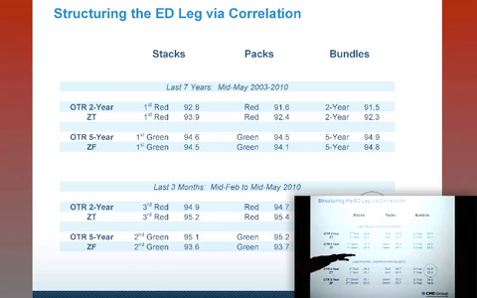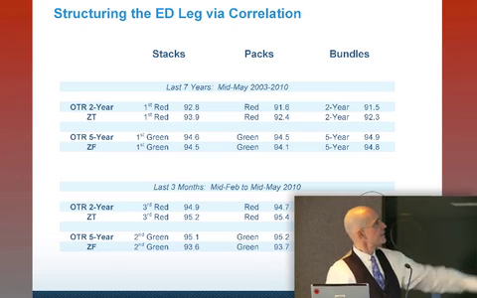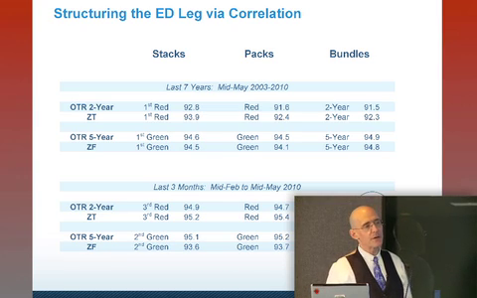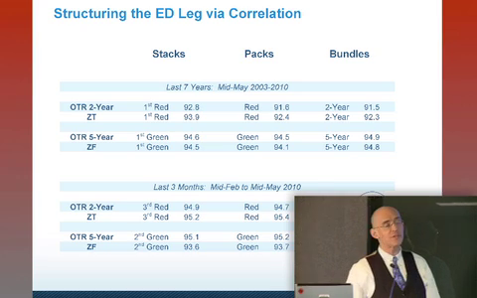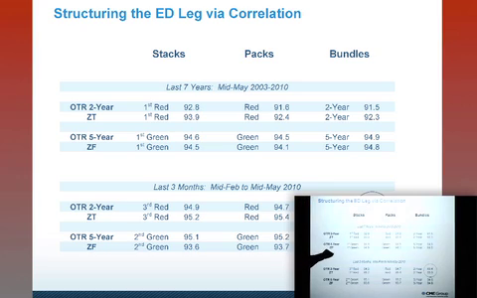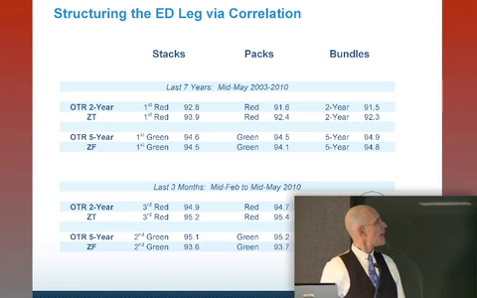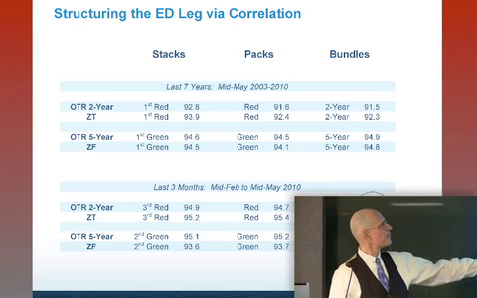This simply captures what you just saw. Over the last 7 years, the first red euro-dollar future is what correlates most tightly, both with the on-the-run 2-year and with the front 2-year future. The first green happens to do the trick for both the on-the-run 5-year and the front future.